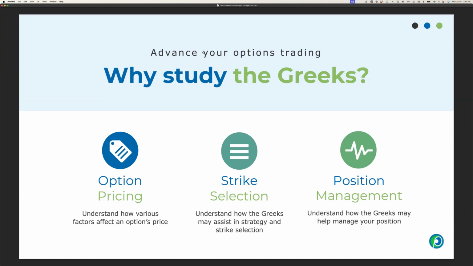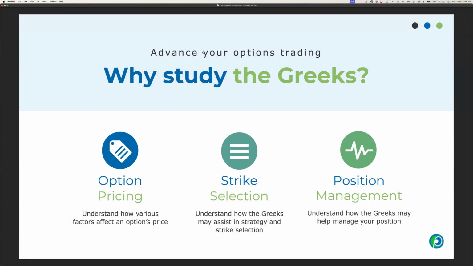So that's number one. The second thing is strike selection. When you're trading options, you have to select expiration dates and strike prices. And many times you can use the Greeks to help you to find out what might be the right strike price to choose for various different types of strategies. And the third thing is position management, because once you're in a position, you need to understand how the market is going to affect the value of your option.